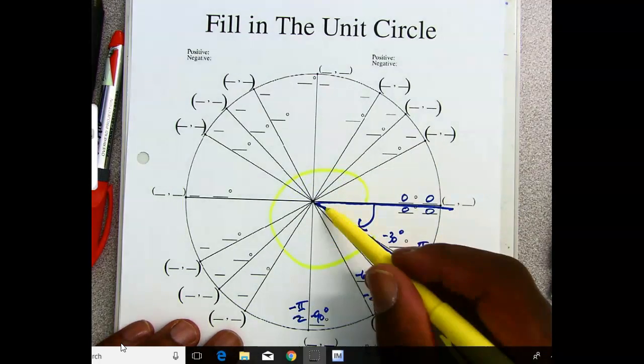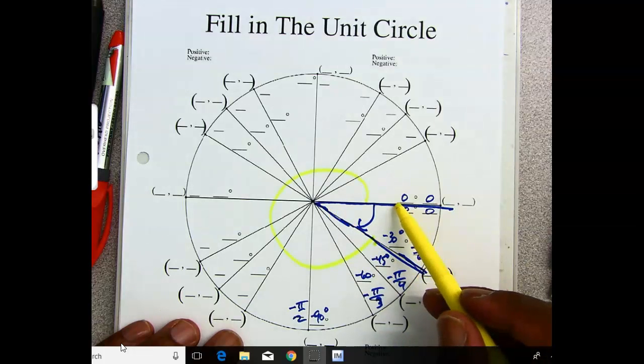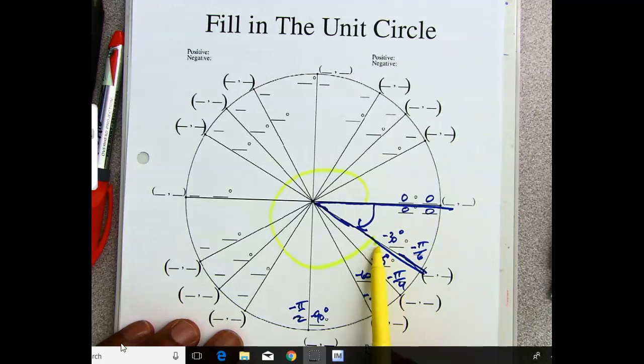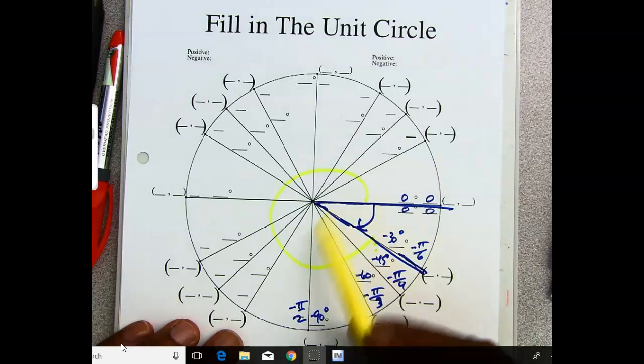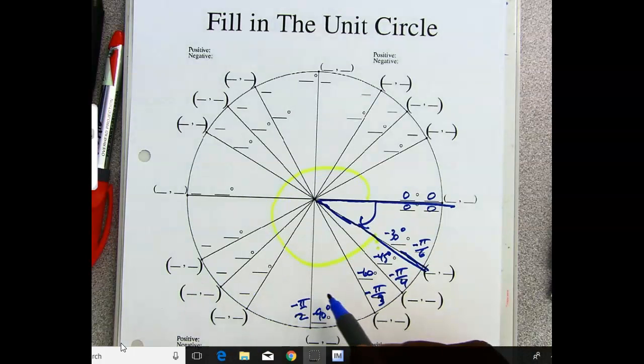So these two angles are considered coterminal because they have the same initial side and same terminal side, but they are different angle measures. One is negative 30 degrees, one is positive 330, but they share the same terminal side.